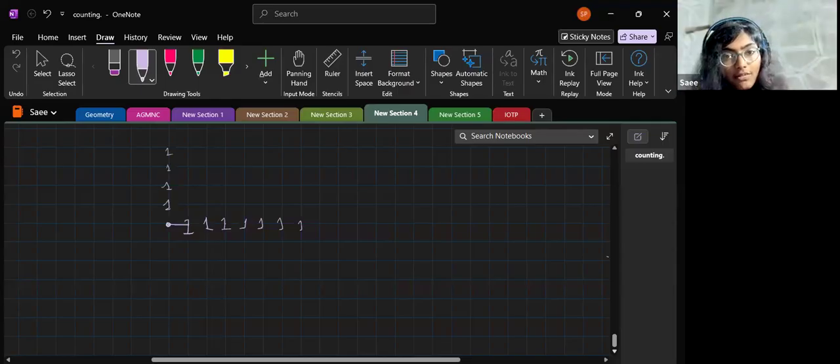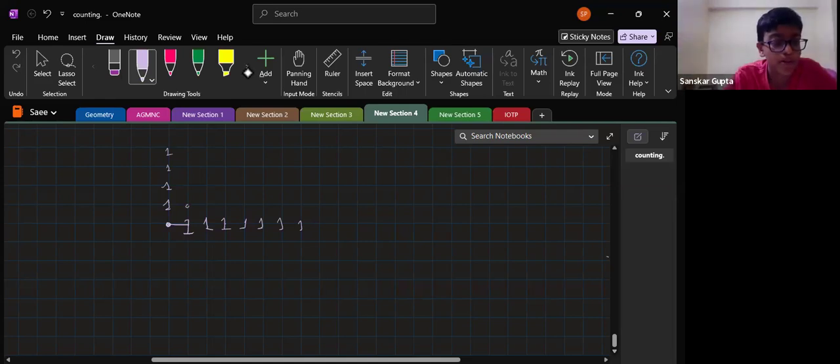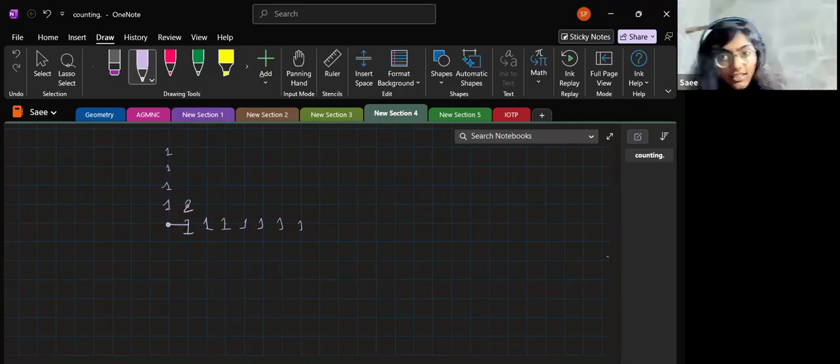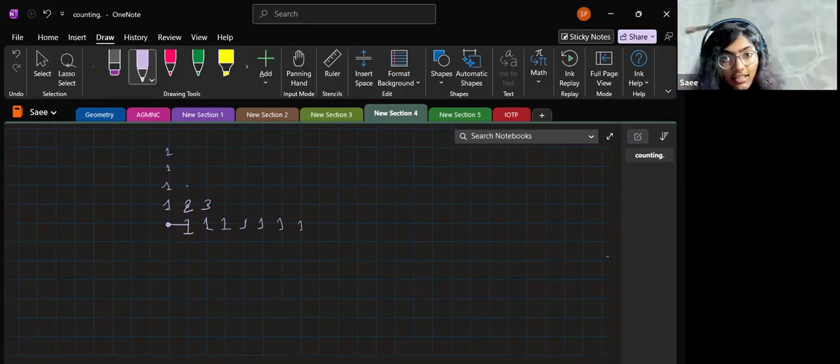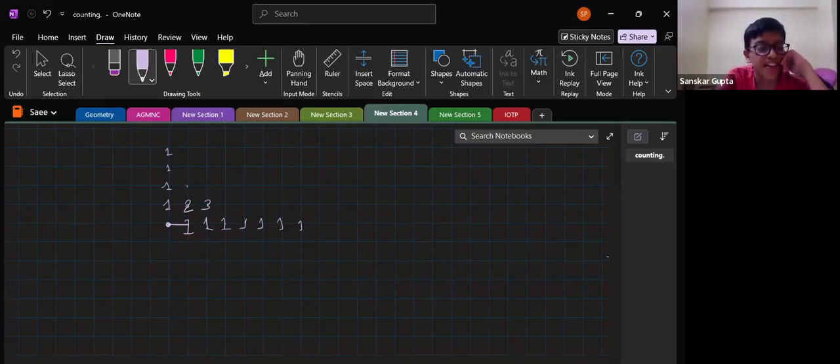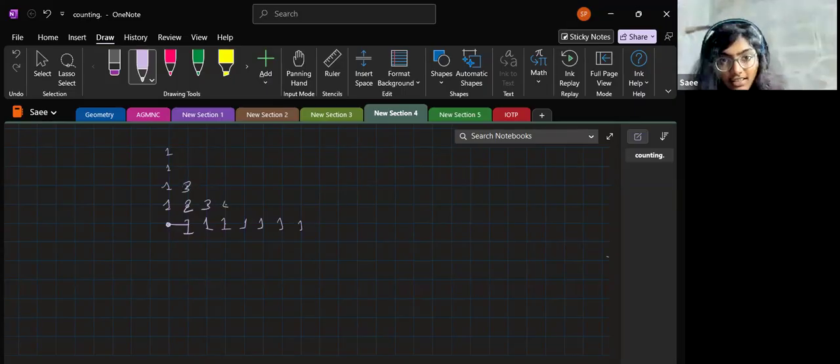What if he wants to go here now? How many paths are there for him to go here? There's two ways. He can come from the immediate left or the immediate right, so he can go here or here. What about here? It's three ways. What about here? Three again. Here, there's four, five.